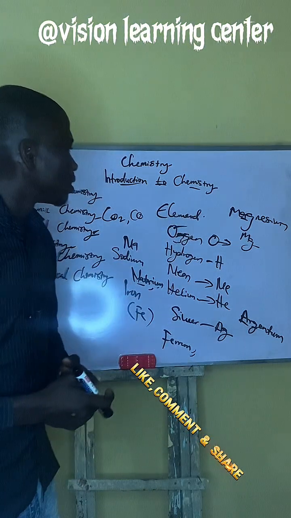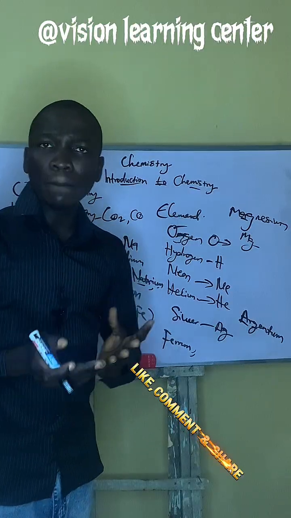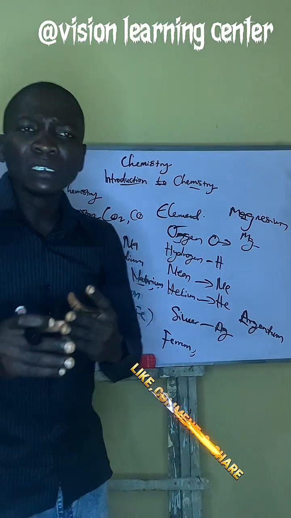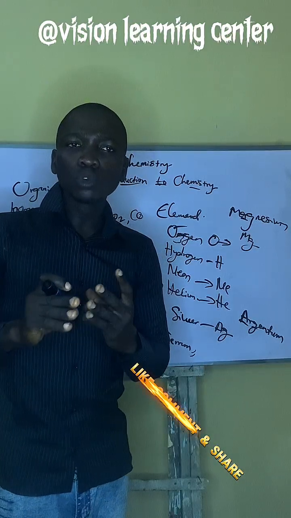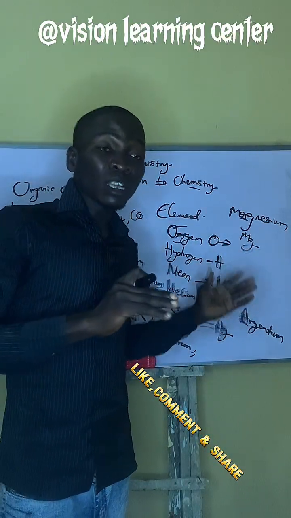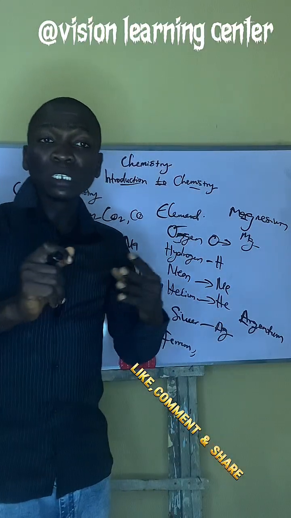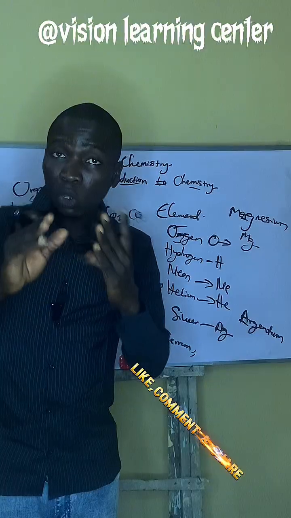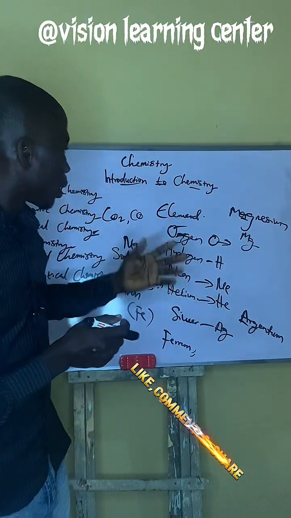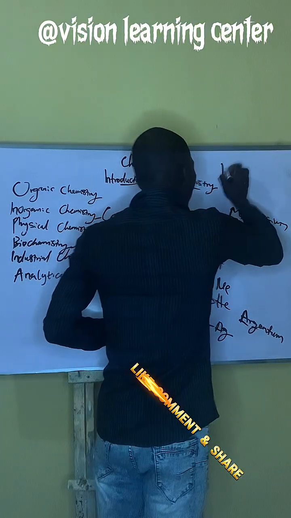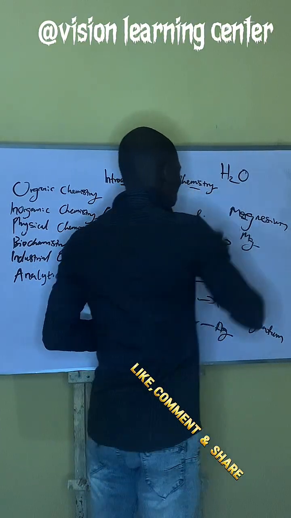Then these elements give birth to what we call a compound. What is a compound? A compound is the chemical combination of two or more elements chemically combined together. For instance, we have a compound like water, H2O.